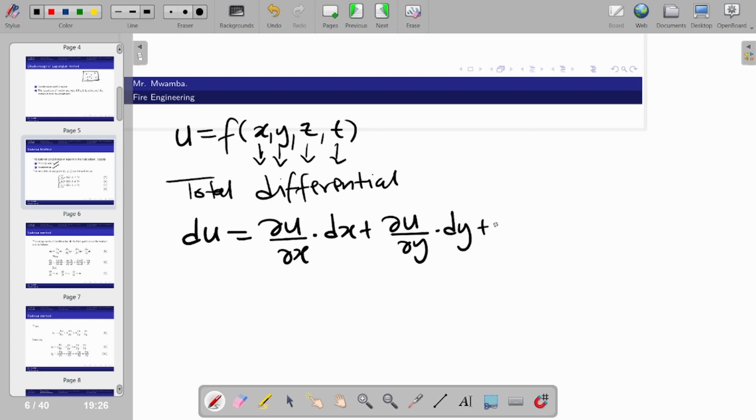Who can predict what should come here from the pattern I've just written? We have the partial change x times dx, partial change y times dy, plus what should come here? I'm waiting for a prediction for this pattern.